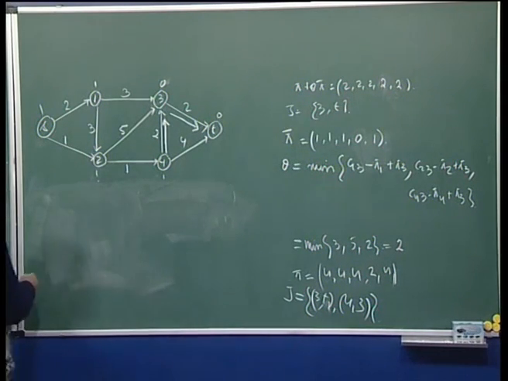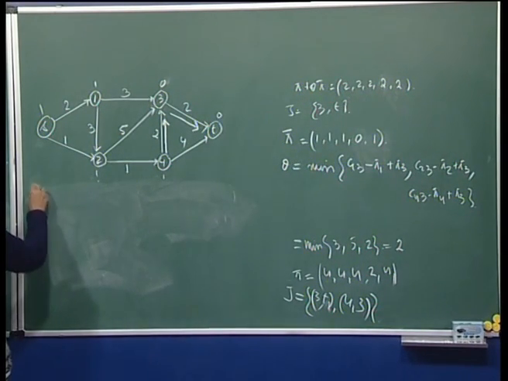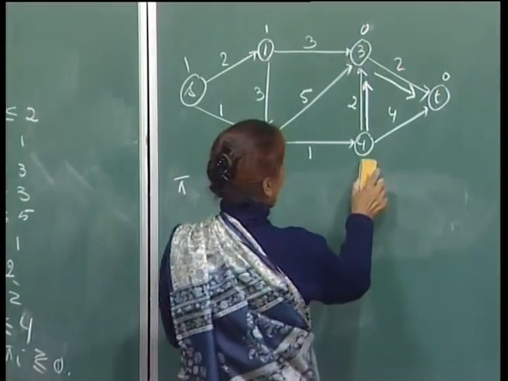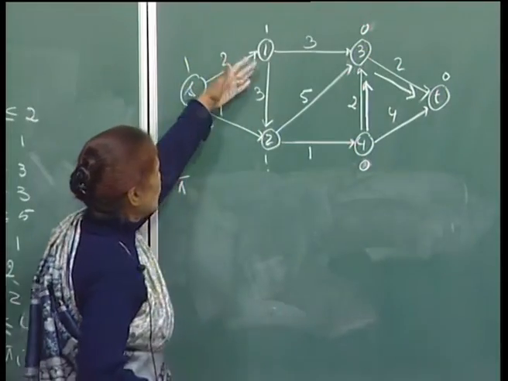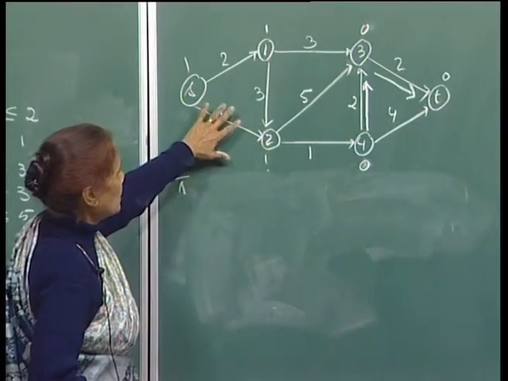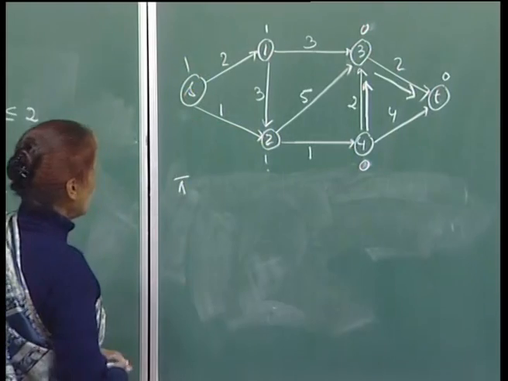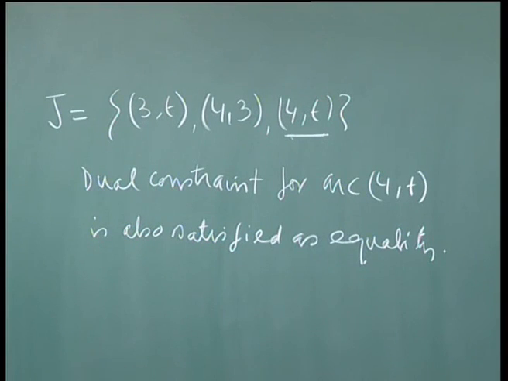So, what is my restricted dual solution, pi bar? This will also become 0, and all others remain 1, because there are no admissible arcs here. So, this all remains 1. I want to give you the correct form of set J, which is the collection of all the arcs for which the dual constraints are satisfied as equality.